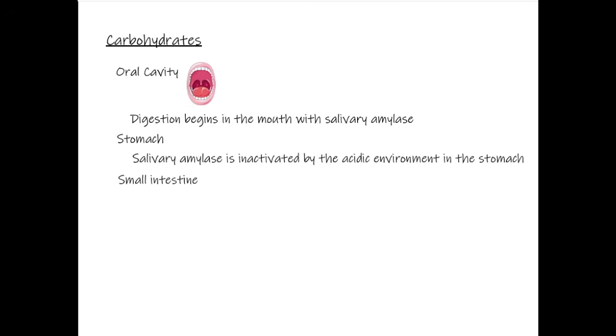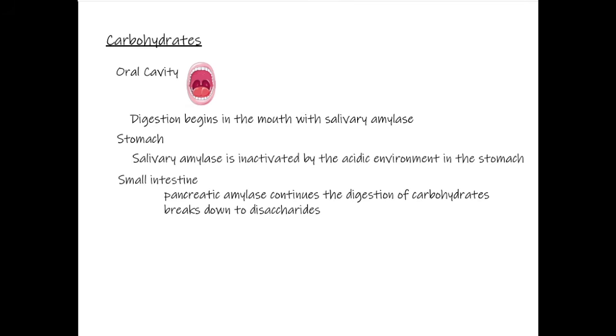Once we reach the small intestine, another amylase is added, this time from the pancreas. It's called pancreatic amylase. It continues carbohydrate digestion, breaking them down to disaccharides and oligosaccharides. Now, as we consider the lining of the small intestine, remember that the individual cells had microvilli on their apical surface, collectively forming the brush border.